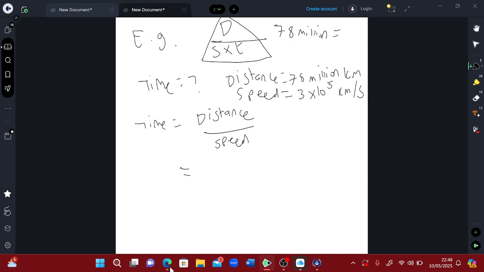You're going to need to know the other way. That's going to be 78. So remember, 1 million is this with 6 zeros. 6 zeros is 78. So you could say distance is, and then you can convert that to standard form.